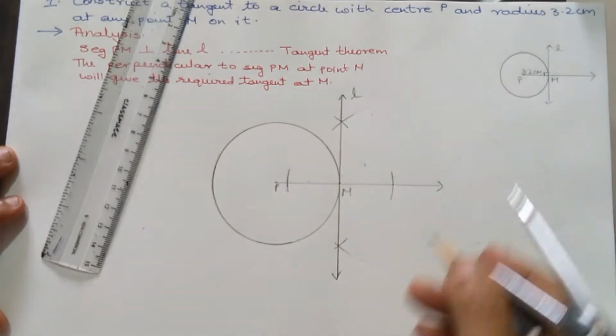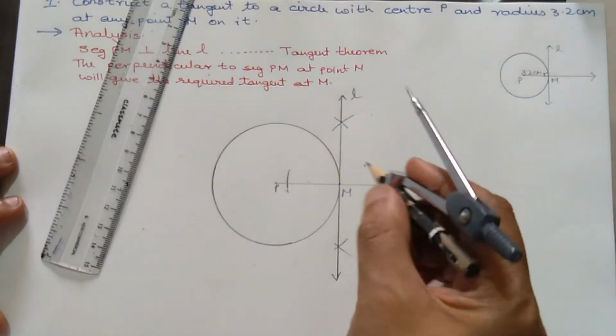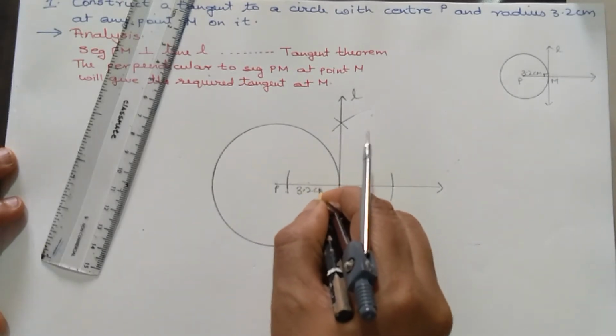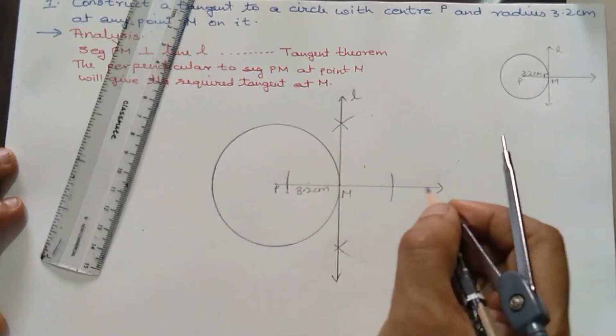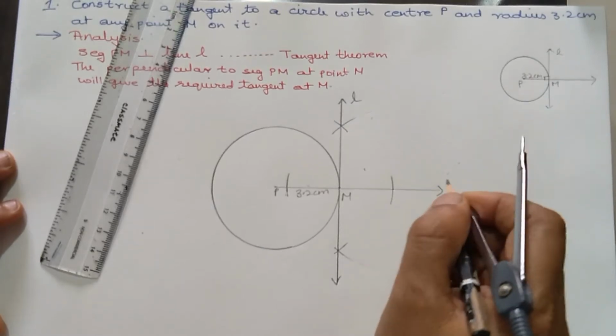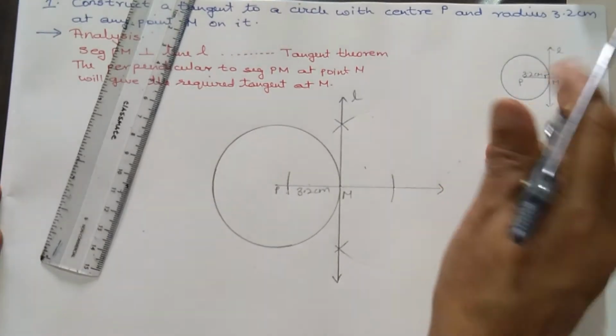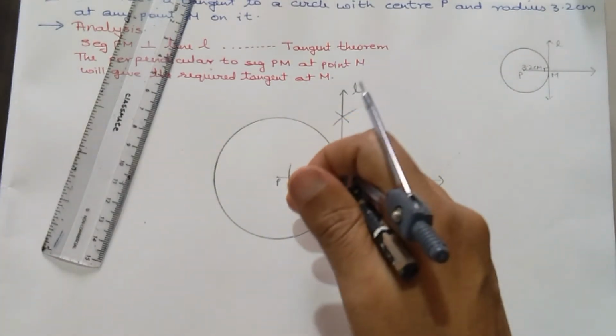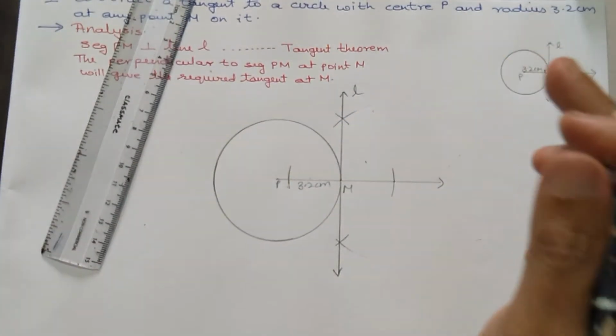Line L is perpendicular to segment PM, the radius is 3.2 centimeter. This is a rough diagram. So this is how you are supposed to draw a tangent to the circle using the center of the circle.